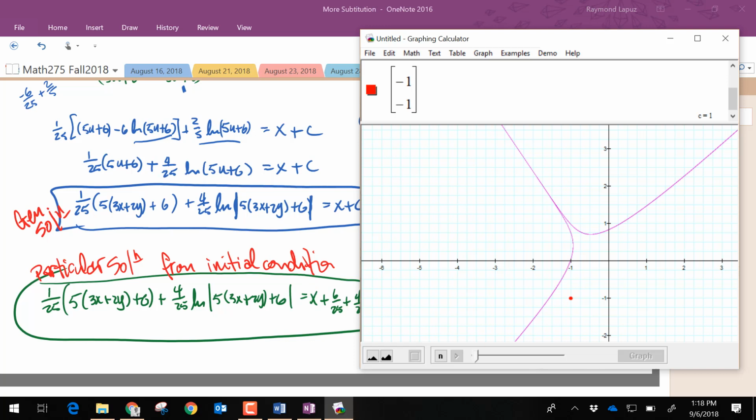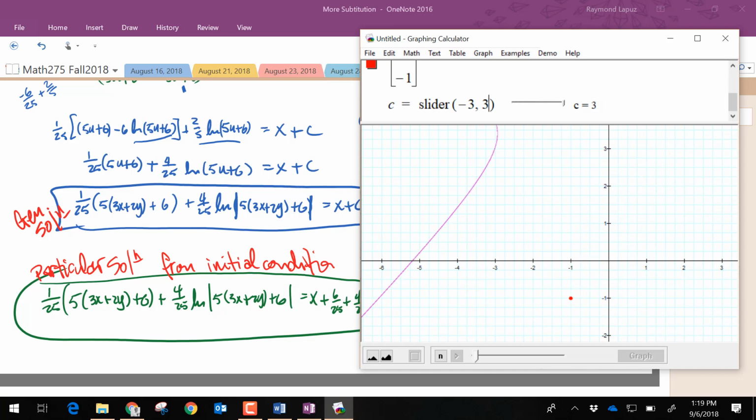So I usually just like to mess around with this a little bit and guess at what c might be. c is equal to -3, and then c is equal to +3. So at some point over here, one of your family of curves will be hitting this point, and it's probably somewhere between 0.75 and 0.66.